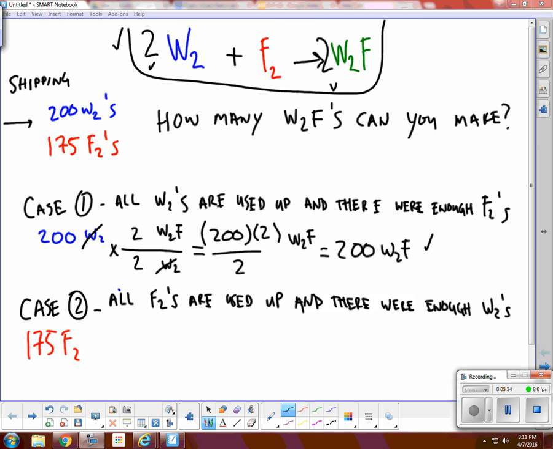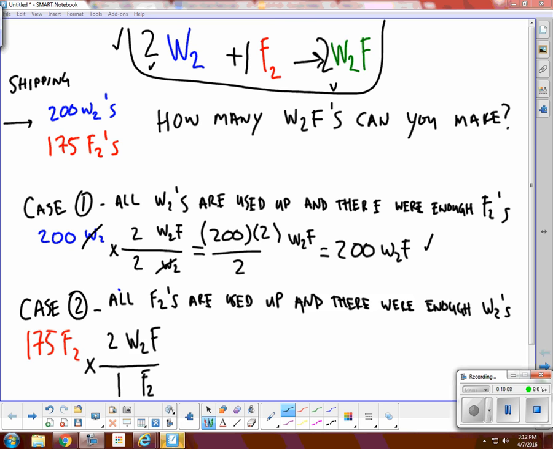In case 2, we're saying that all the frames were used up and there were plenty of leftover wheels. So let's set our units up: frames down here and bikes on top. We know that for every 1 package of frames, so that's like 2 frames in a package, we can make 2 bikes.